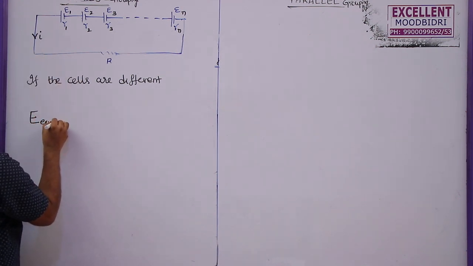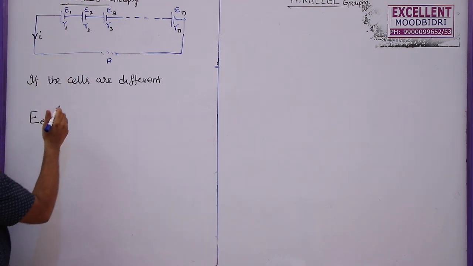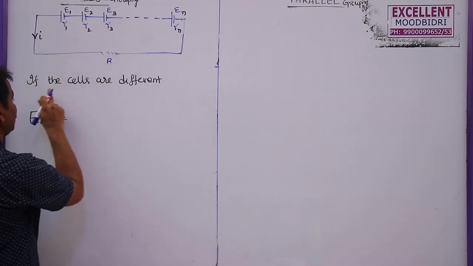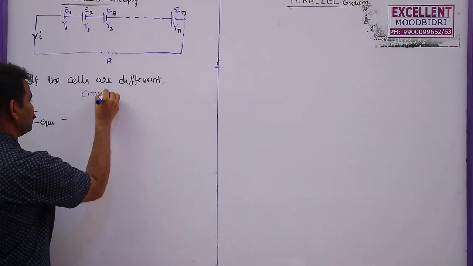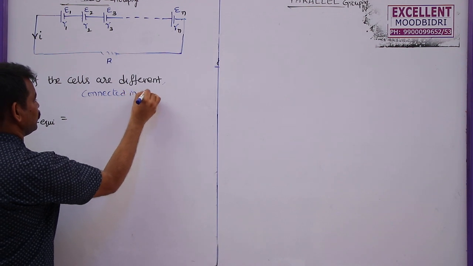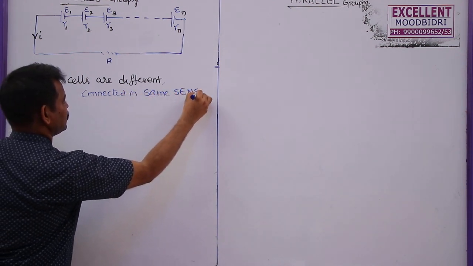The equivalent EMF is given by the sum of the EMFs, if all cells are connected in the same sense. So what is this sense?